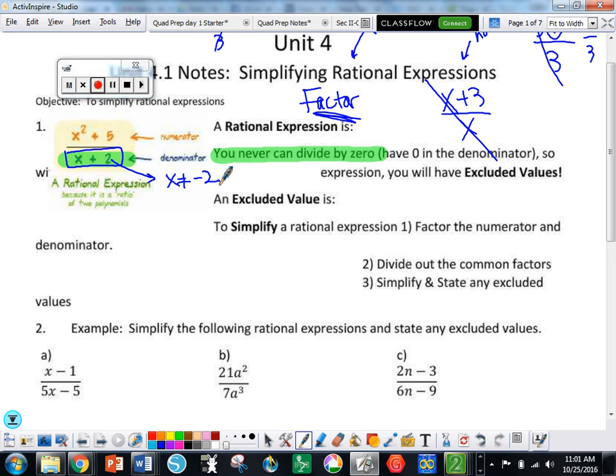So, when we have rational expressions, we're going to have values that can't be used. An excluded value is a value that makes the denominator 0 in this case.